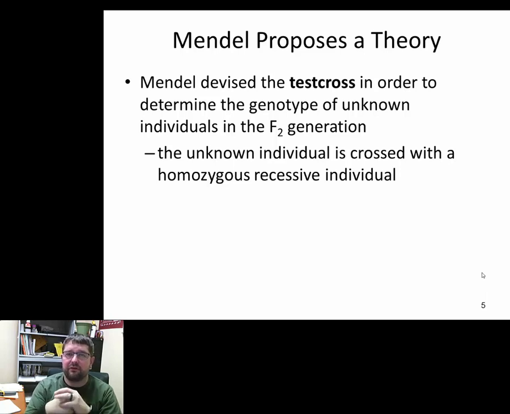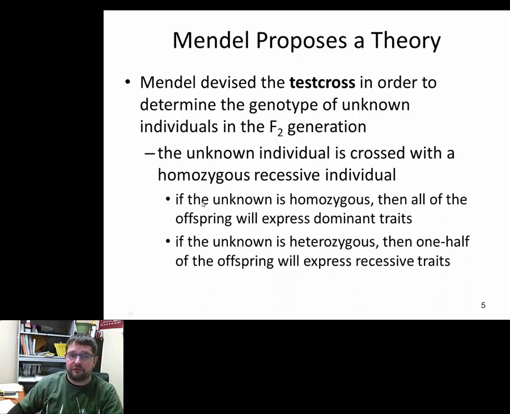The one way that you can do this is by combining any unknown individual, so a dominant individual that you don't know whether it's homozygote dominant or a heterozygote, with a homozygote recessive individual. And this will result in figuring out what that individual is.